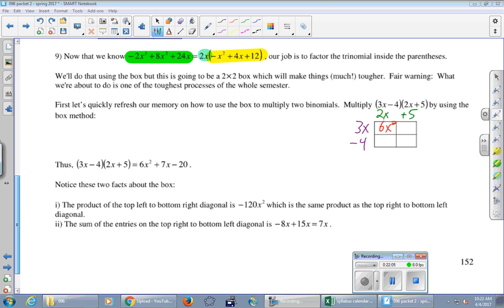6x squared, yeah. And then the top right is what? 15x is good. I'm still going to want to put something in the front. Plus. Bottom left. Bottom right. Good. And so that means that if we multiply both of these guys together, we just get all the things in the red.